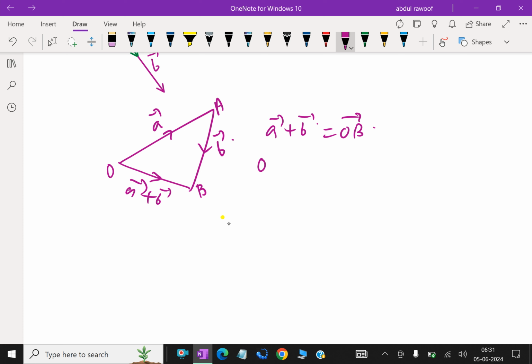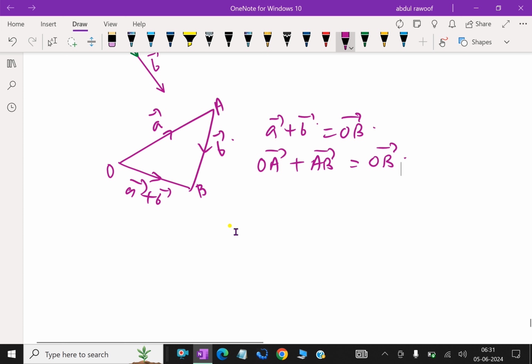Generally you can write vector OA plus vector AB is equal to vector OB. That is, from the starting point the first vector is A, from that point to another point is vector B, then we join where we started and where we finished.